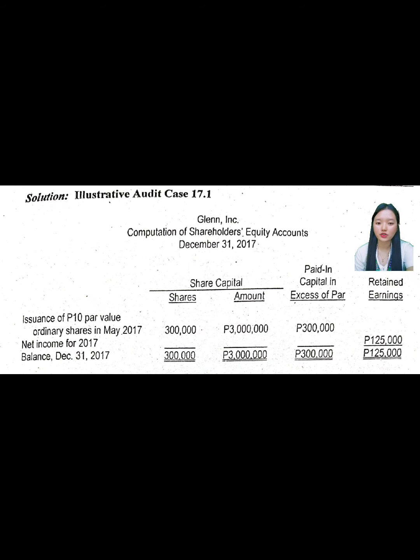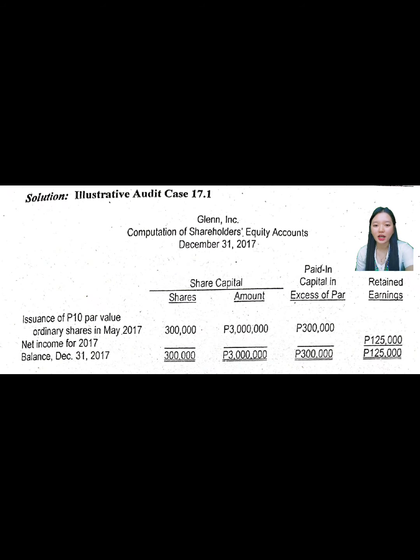So, this is our solution for illustrative audit case 17.1. Glen Incorporated computation of shareholders' equity accounts, December 31, 2017. So, issuance of 10 pesos par value ordinary shares in May 2017.